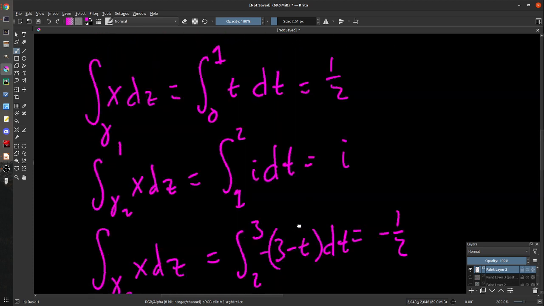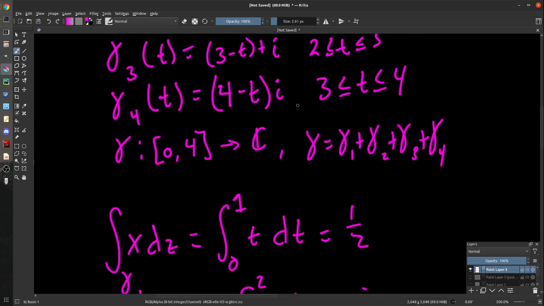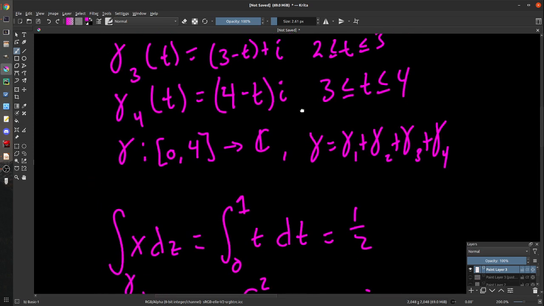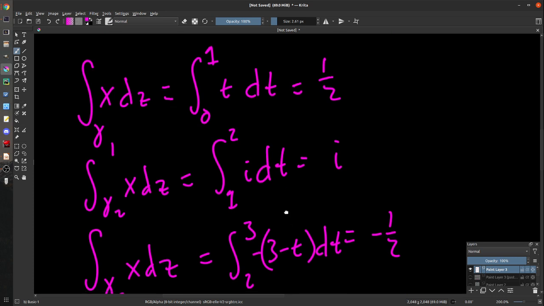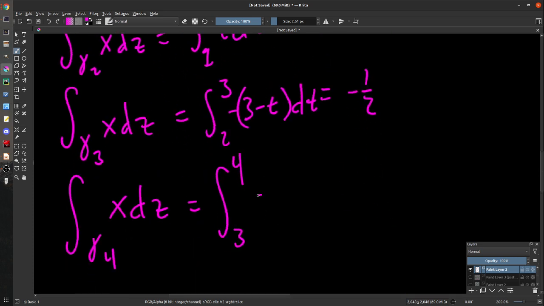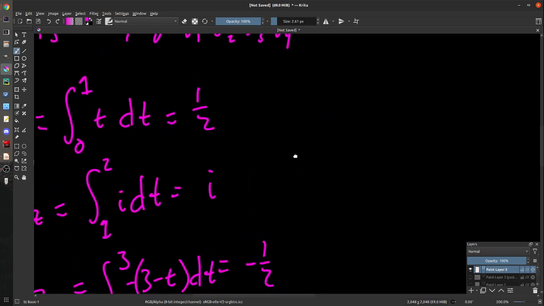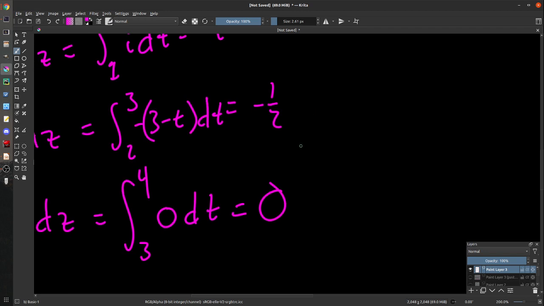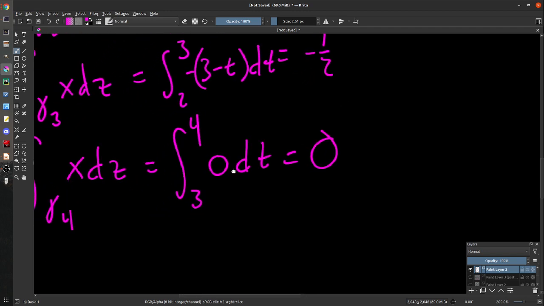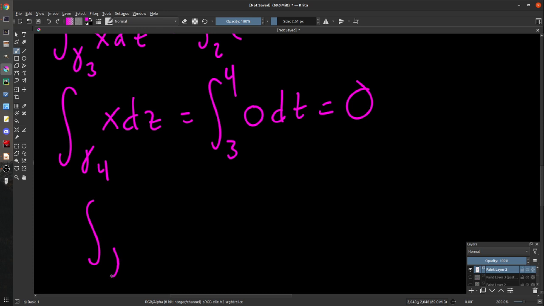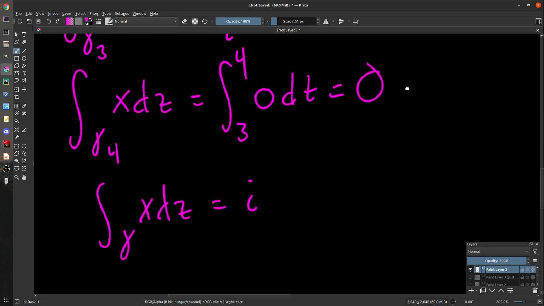Notice for gamma 4, when we take the real part, it's 0, so this is just going to be 0 dt, and we get 0. Hence, adding it all up, 1/2 plus i plus minus 1/2 plus 0, we will get out i.